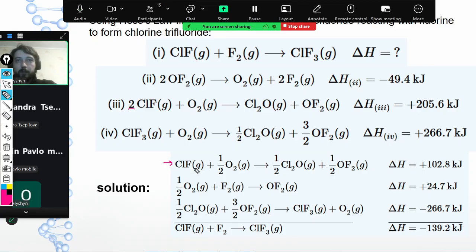So here it is. I have divided by 2, so I have chlorine fluoride here. I have 1/2 of O2 here. I have 1/2 here and 1/2 here. Now, what should happen to delta H? Who will tell me?